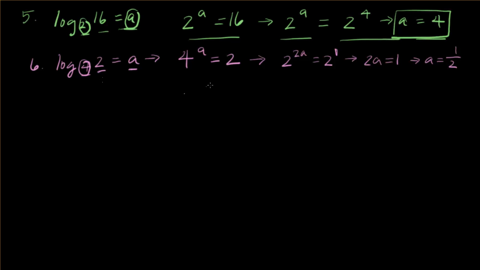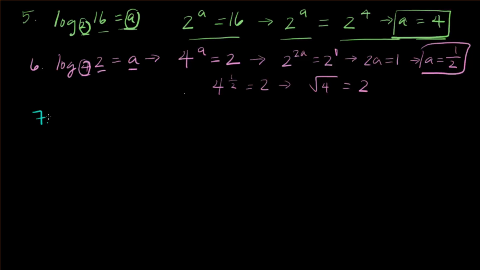Remember? So 4 to the 1/2 equals 2. Or the square root of 4 equals 2. So that's where I get A equals 1/2. Okay? Good job. Now, I'm going to change the color because it's boring. I just do it in one color.